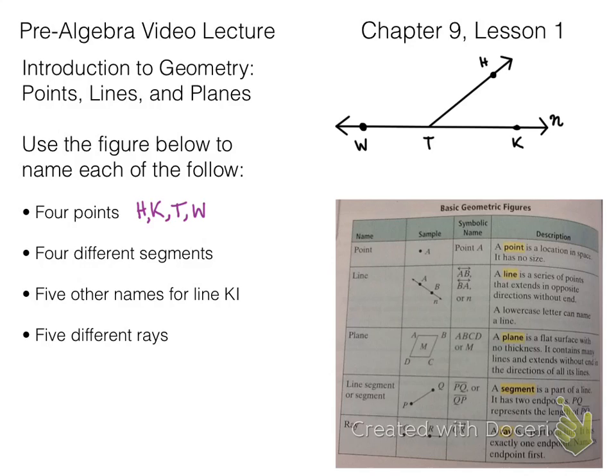All right. Now let's go ahead and name 4 different segments. Just because the lines that I've drawn go through my points doesn't mean that I can't identify them just as segments. So even though I have line WK that stretches through T, I can say I just want segment WK, where I basically ignore the fact that the line does go through W and K. So if I want 4 different segments, I could say HT, WT, TK, and WK.